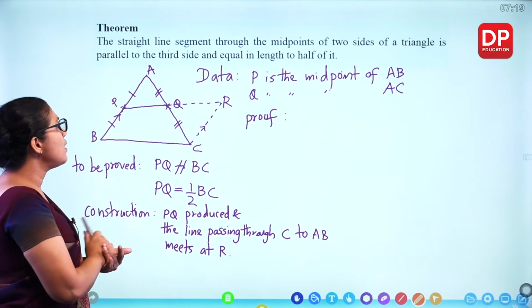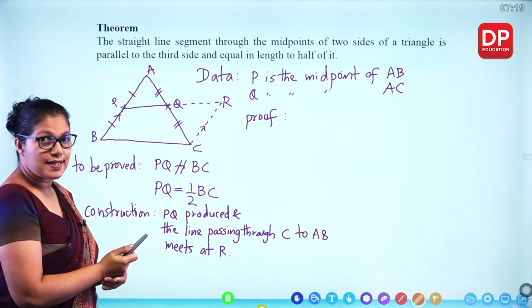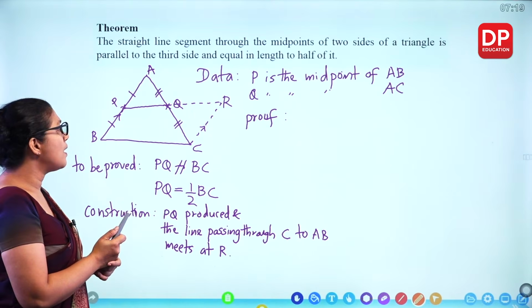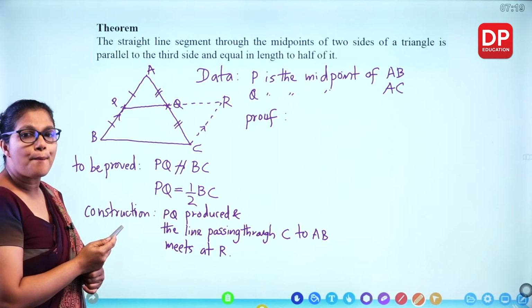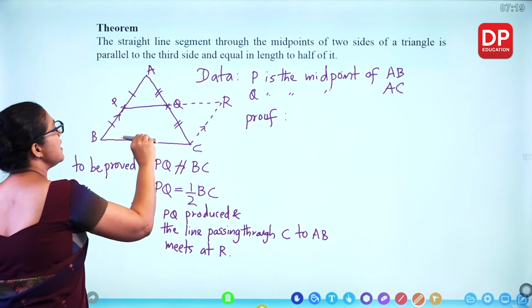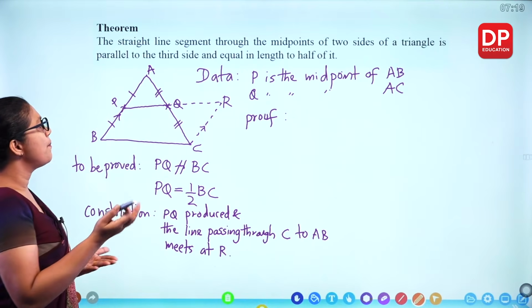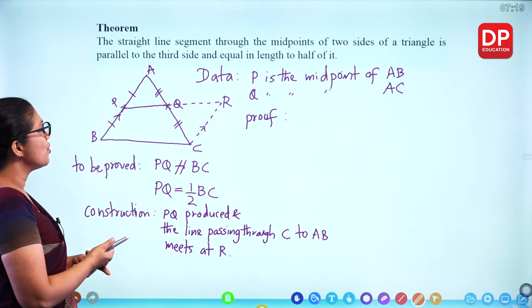If the pair of opposite sides are parallel and equal, we can say PRCB is a parallelogram. If it's a parallelogram, we know that BC is parallel to PQ or PR. So that's what we are trying to do.